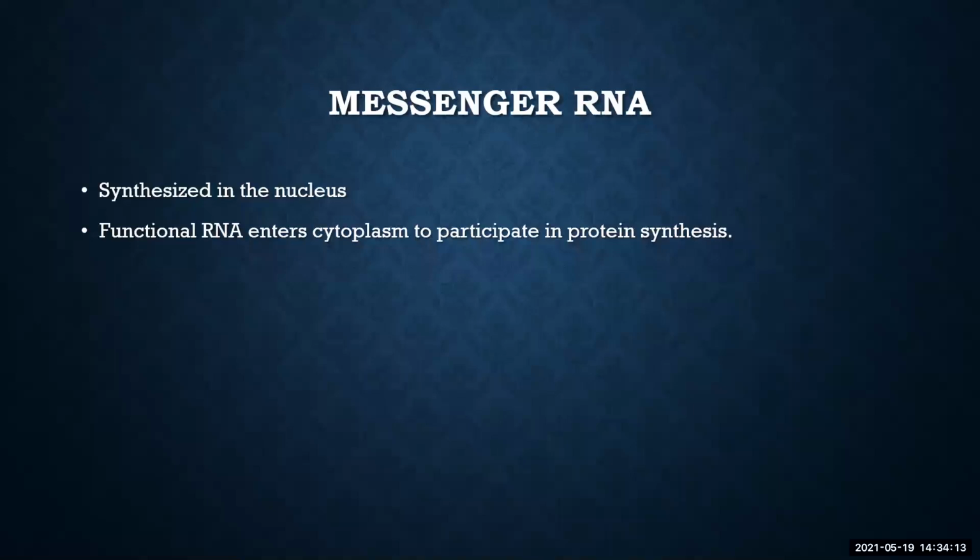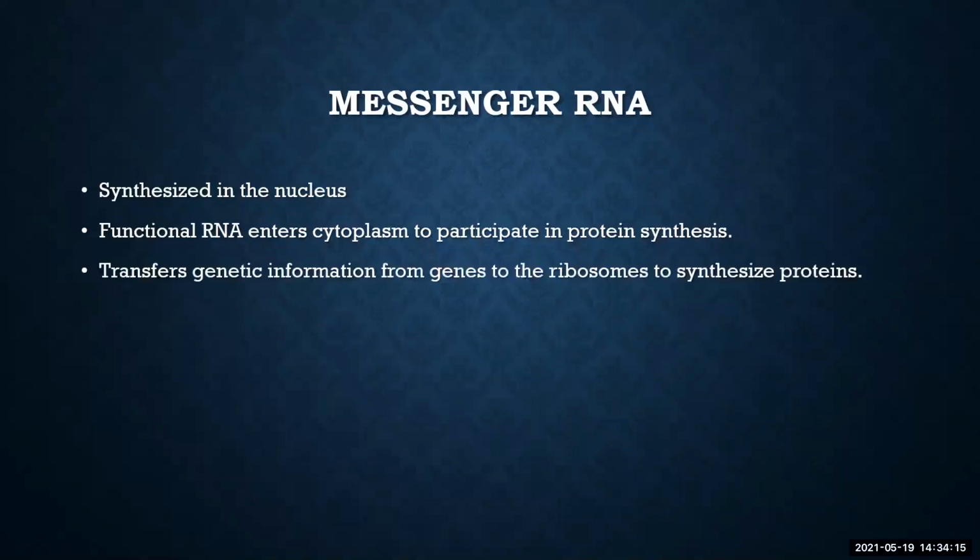Okay, the overall function of RNA. Now, the role of messenger RNA is to transfer genetic information from genes to the site of synthesis of proteins. The site of protein synthesis within the cell is the ribosomes. So messenger RNA carries the genetic information from the genes present in DNA to the ribosome to synthesize proteins.